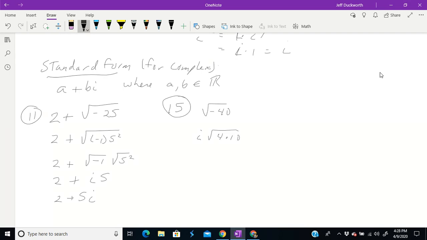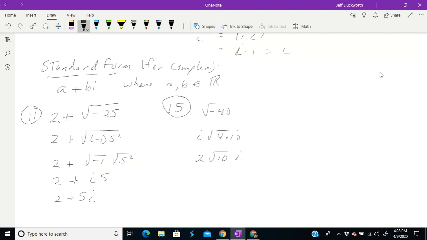It's 4 times 2 times 5. 2 and 5 are primes, so we can't pull them out. But 4 is 2 squared, so this is going to equal 2 square root of 10 i. And so in this case, our a is 0, and our b is 2 root 10. So in standard form, essentially we don't write the 0, but it's there.